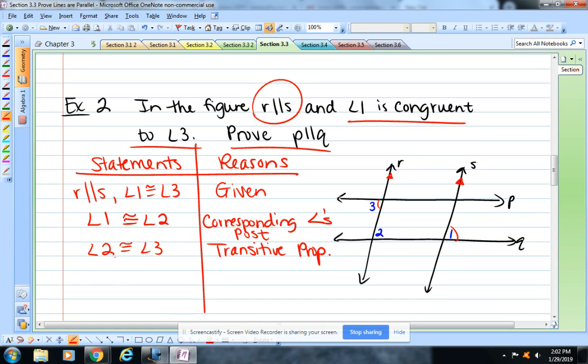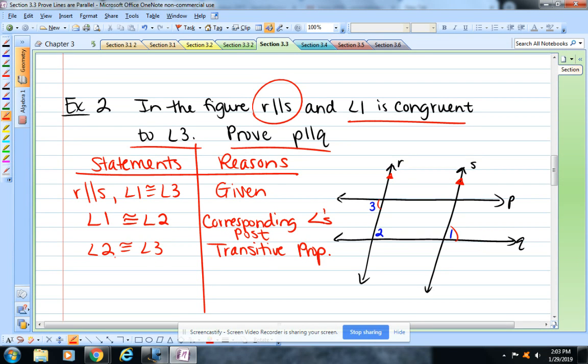Okay. Now look at 2 and 3. What's their relationship? We said they're congruent to each other, right? So since they're congruent to each other, these two lines are cut by transversal R, right? Well, we just learned a converse theorem that says if alternate interior angles are congruent, then the two lines are parallel, right? Aren't we trying to prove two lines are parallel?